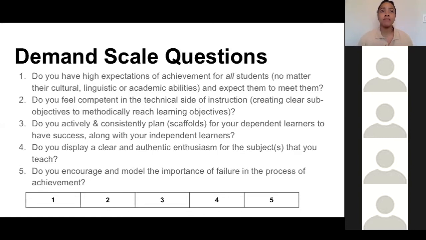These different categories come from Judith Kleinfeld's work, where she breaks down what that means as a teacher or as an instructor, and basically helps you to realize where the warm and demand fall when it comes to your interactions with students.